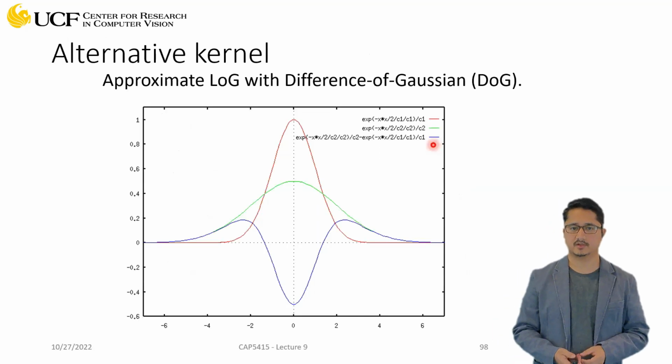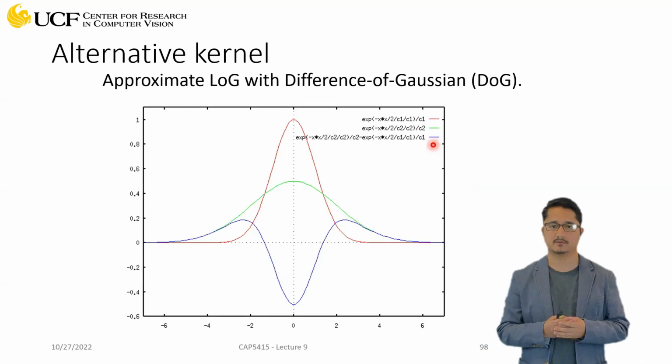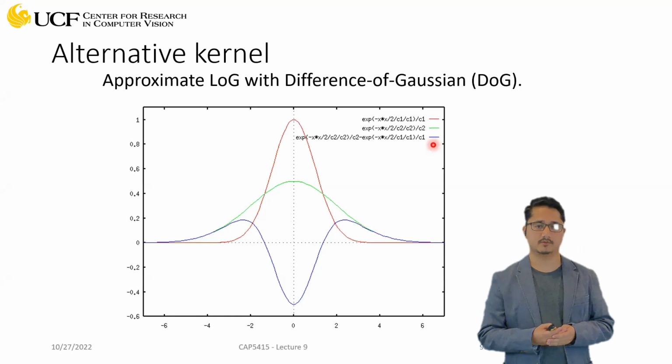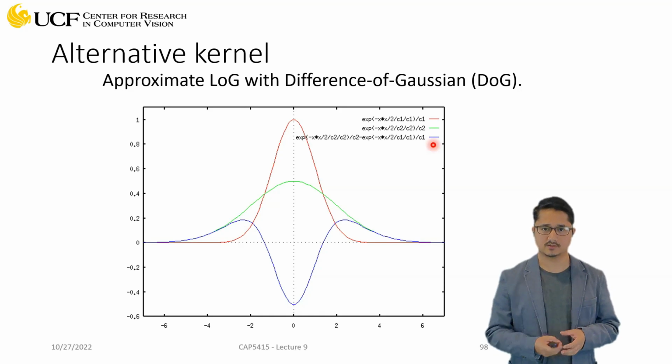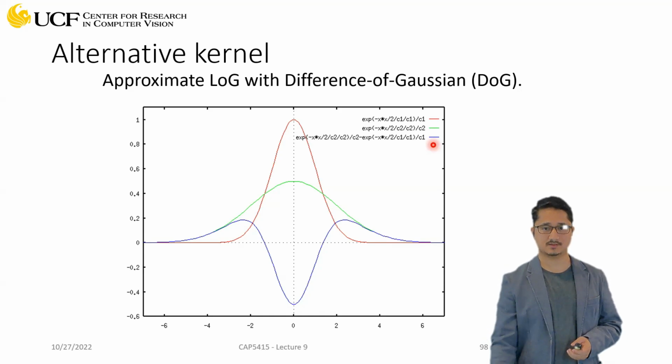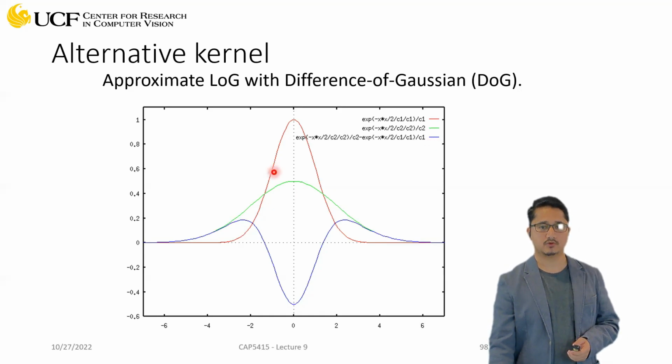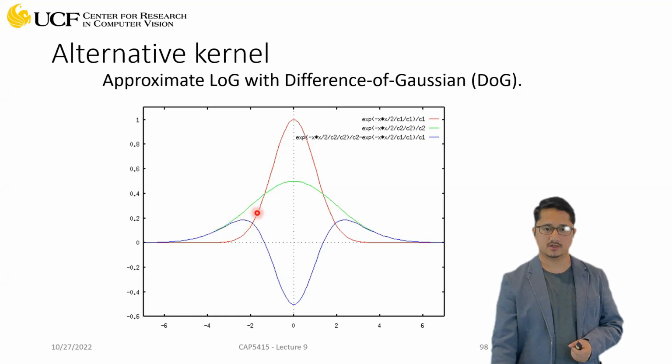And this was something interesting. Instead of computing the double derivative for your filter, you can actually approximate that using difference of Gaussian. We discussed this briefly last time. If you have two Gaussian kernels with different standard deviation, you can just subtract those two Gaussians.